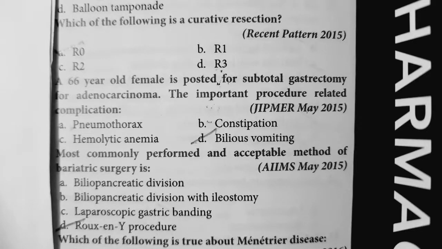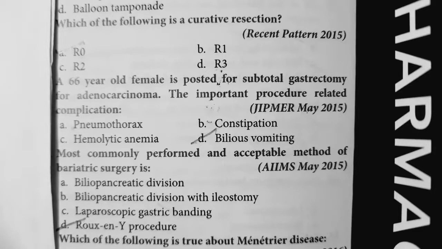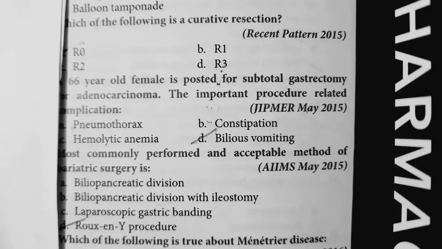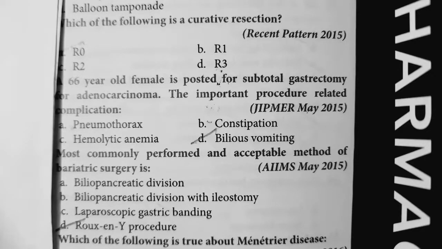Then, question number 6. Which of the following is true about Menetrier's disease? We will see the options. Mucus secreting cells replacing parietal cells. It is true.